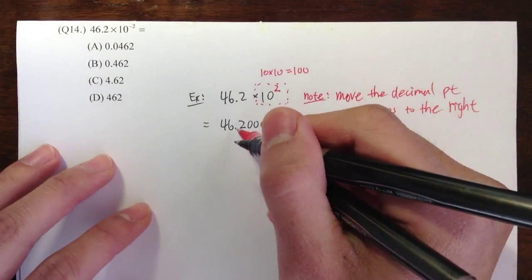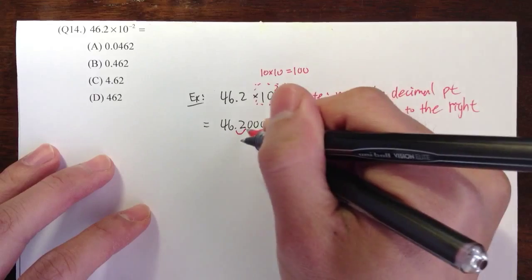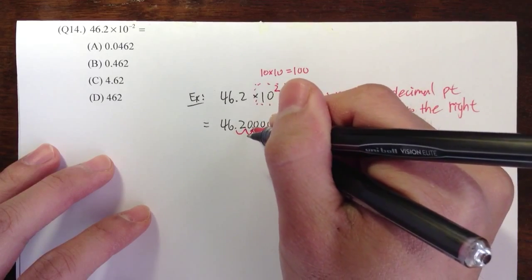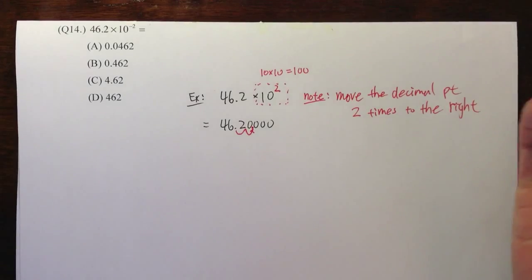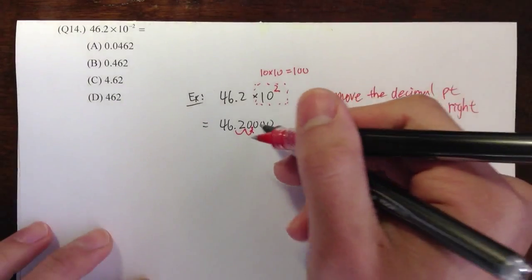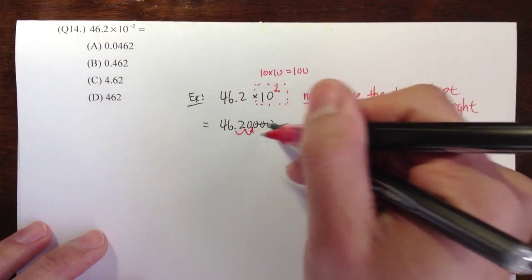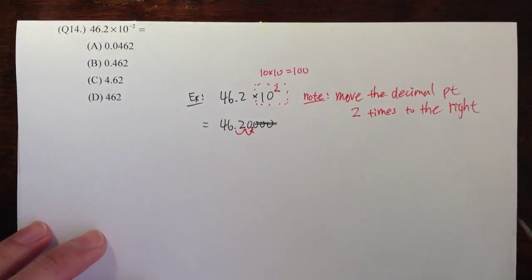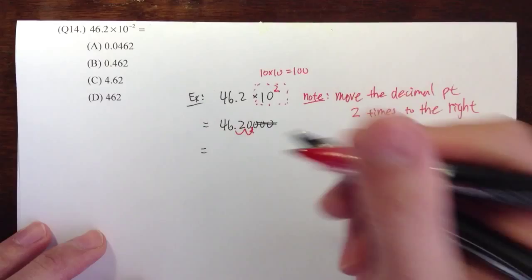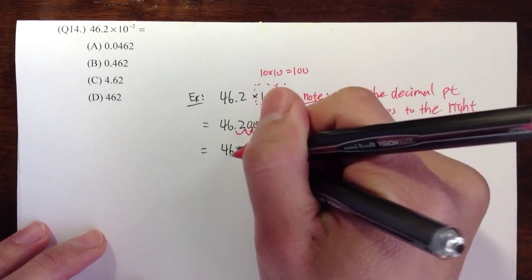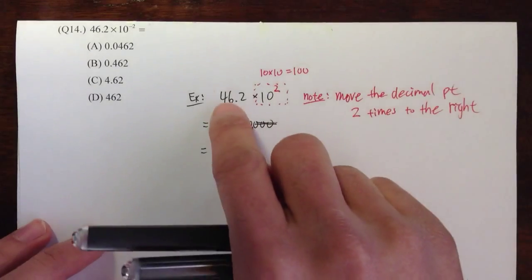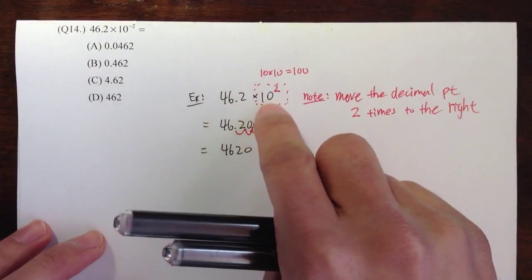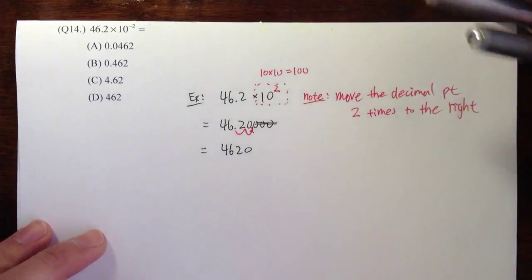Take the original decimal point, move it once, and move it twice to the right, and this is your new decimal point. The rest of the zeros don't matter, so you can cross them out. Alright, so we have the answer 4,620. That's how we multiply 46.2 times 10 to the positive 2 power. Okay?